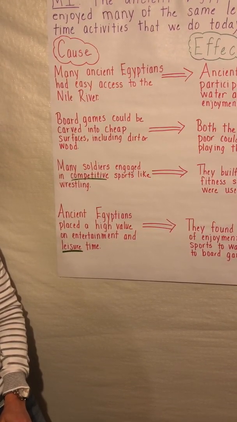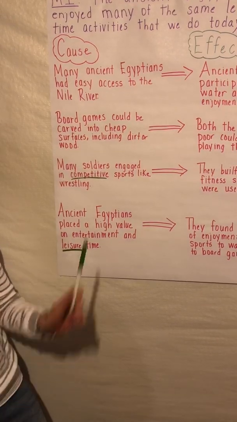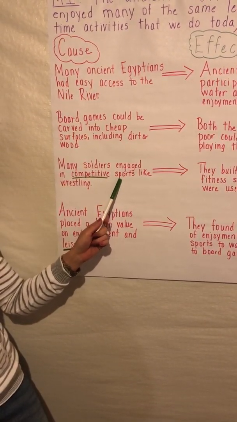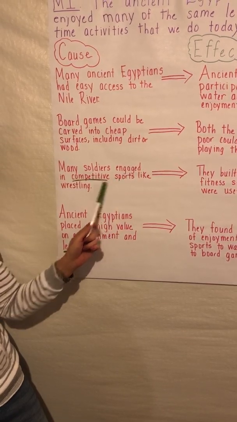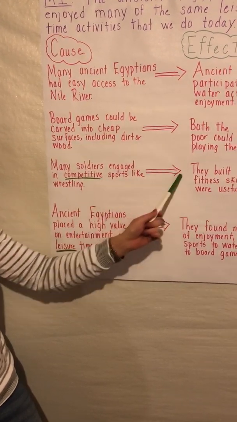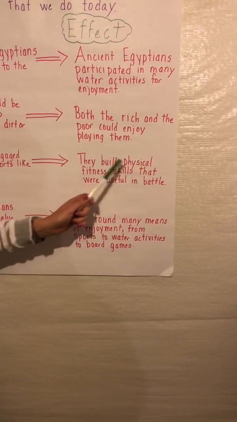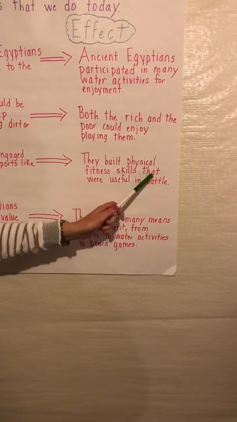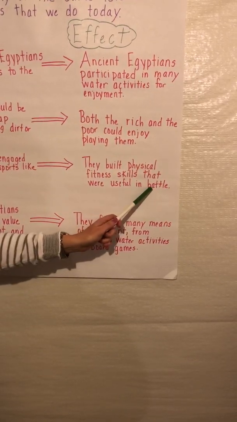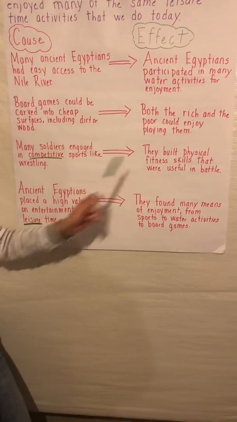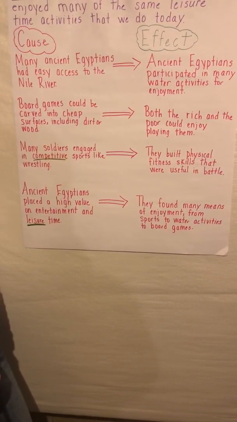You should have thought when you're comparing yourself to others and you're wanting to be the best. In this case, the soldiers in ancient Egypt wanted to be the best at wrestling. As a result of doing that, they built physical fitness skills that were useful in battle. So it was like their training, so that they were competitive enough to be in battle and fight.